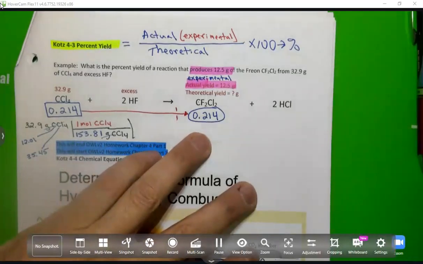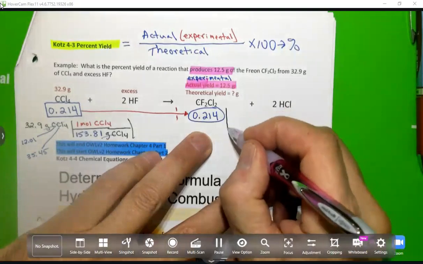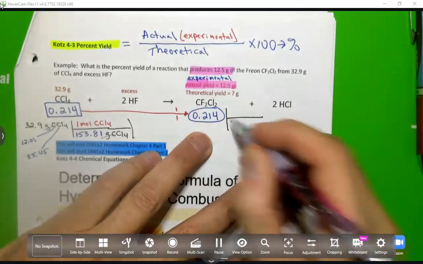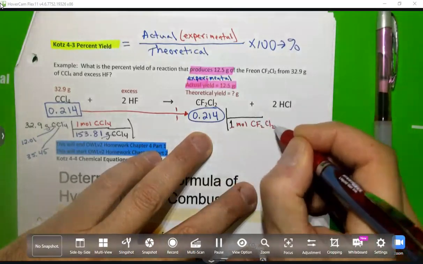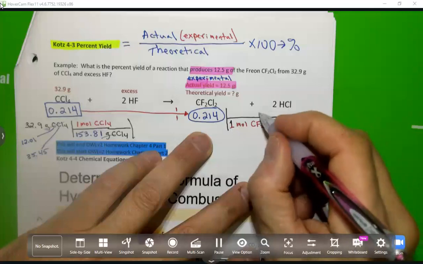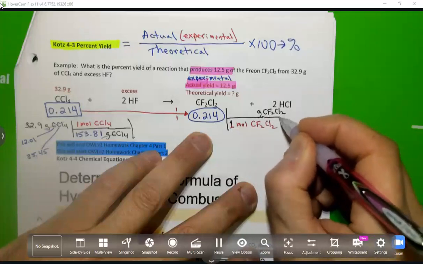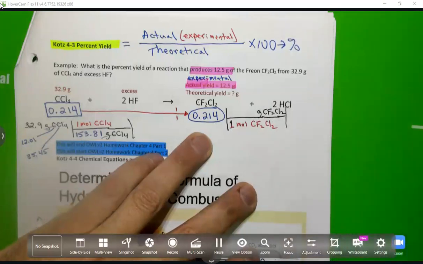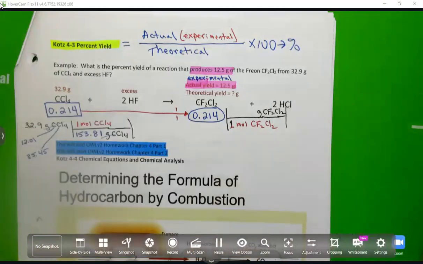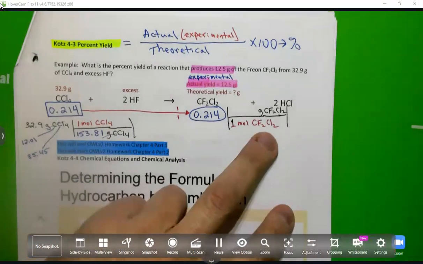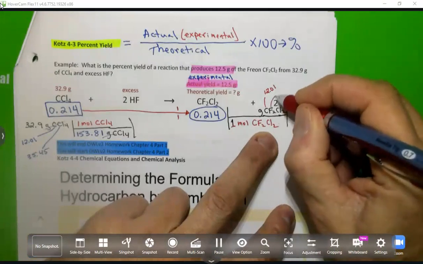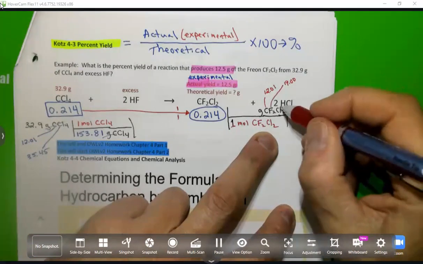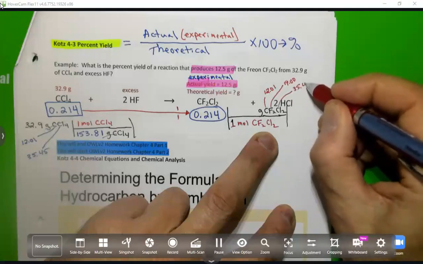Well, how many grams is this? We know this is in moles. So 1 mole: 12.01, 19.00, and 35.45.